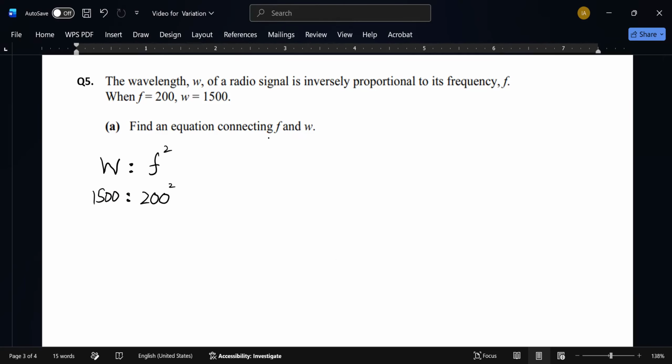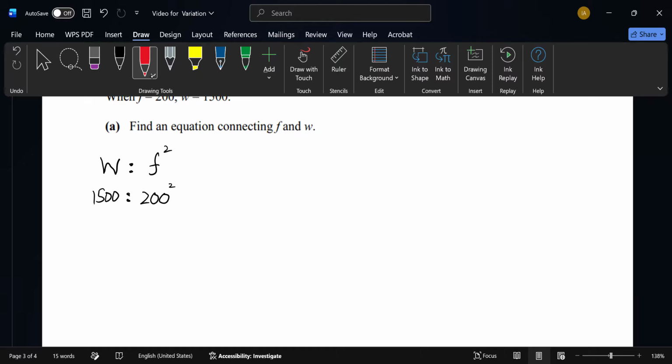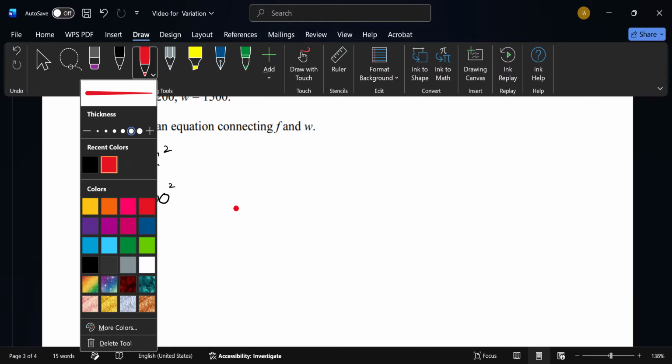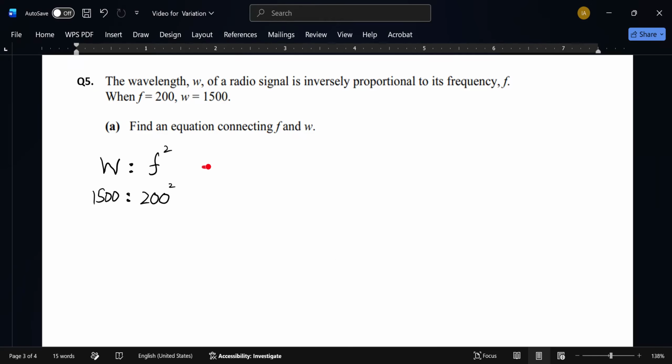Since it is inversely proportional, we will multiply in this pattern. Oh sorry, my mistake, inversely proportional, so we will multiply in this pattern.